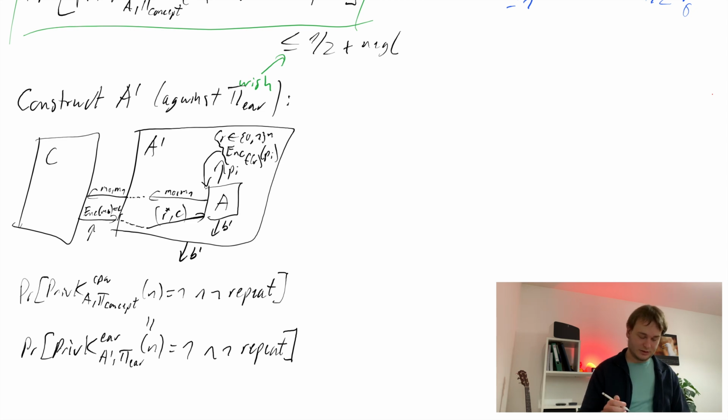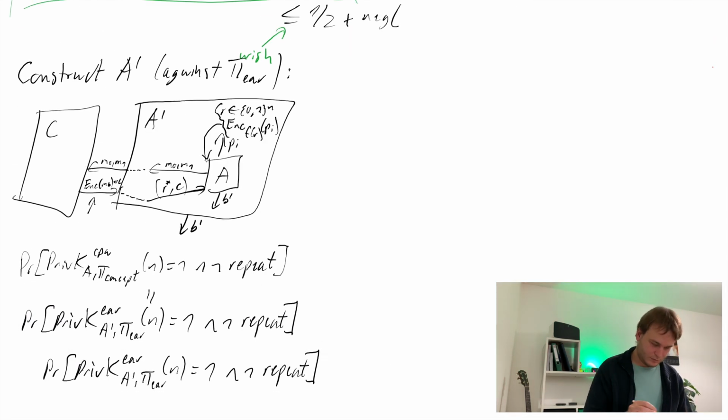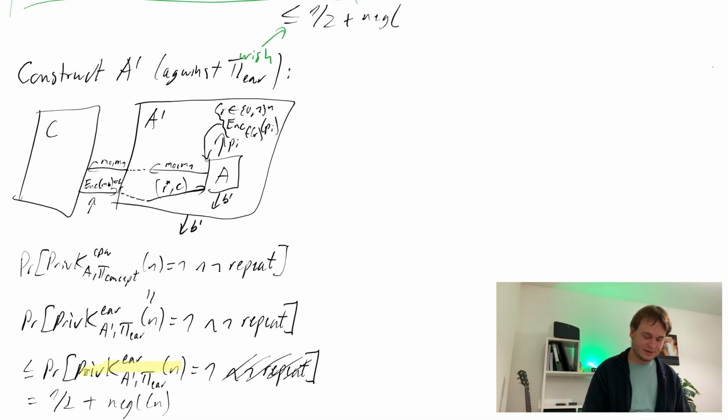And then, what we know is that this event here should happen with probability 1/2 plus a little bit of negligible. So then overall we get what we want. So overall we get that the probability that A prime wins against the eavesdropping scheme should be 1/2 plus negligible.